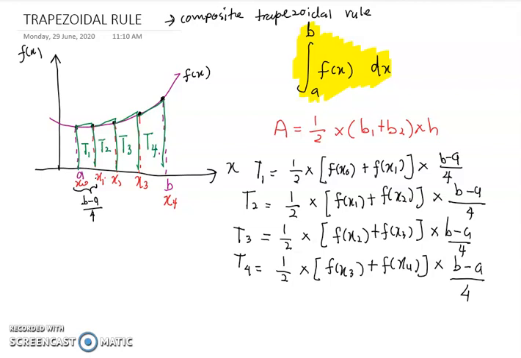So now to compute this integral, the integral of f(x) from a to b, we just find the total area of these 4 trapezoids: the area of T1 plus the area of T2 plus the area of T3 plus the area of T4.